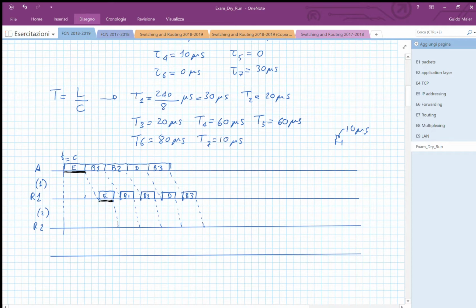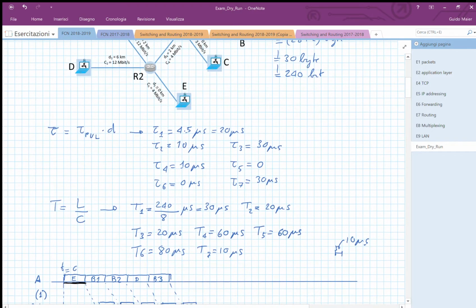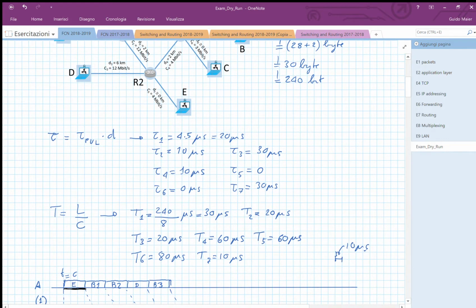Now in R2, we are going towards E through link number 3.